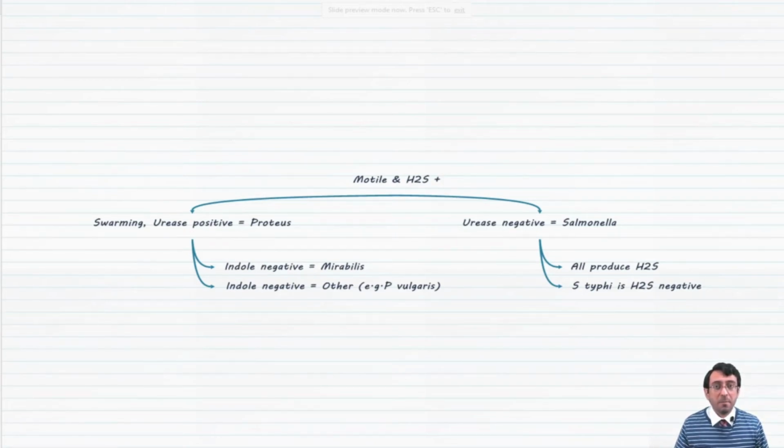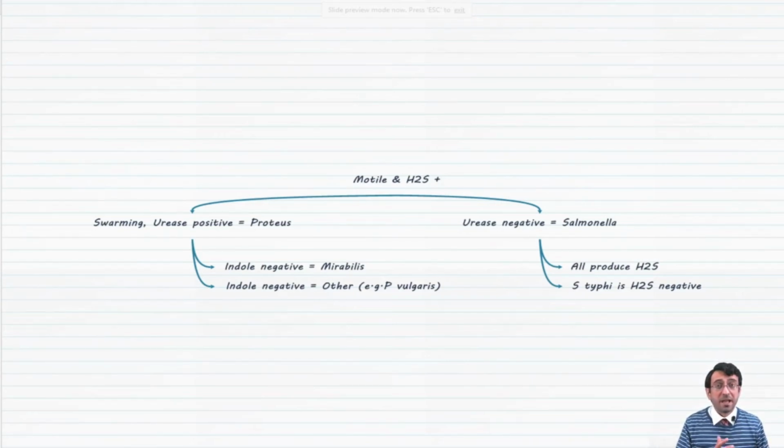Remember, among all Salmonella, only Salmonella typhi is H2S negative, which is probably the most counterintuitive or paradoxical fact to mention in this entire lecture. It confuses the distinction with the other group, SH and Y, which are also H2S negative, while the non-typhi Salmonella are H2S producers.